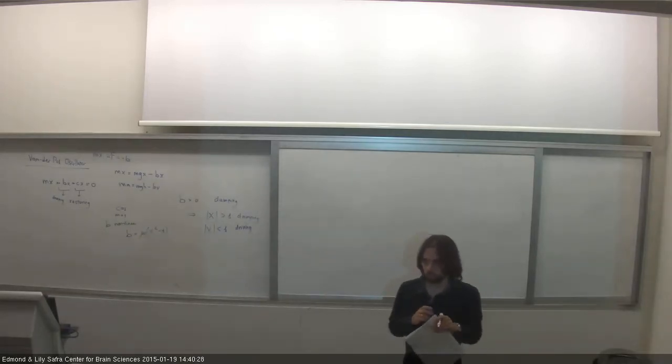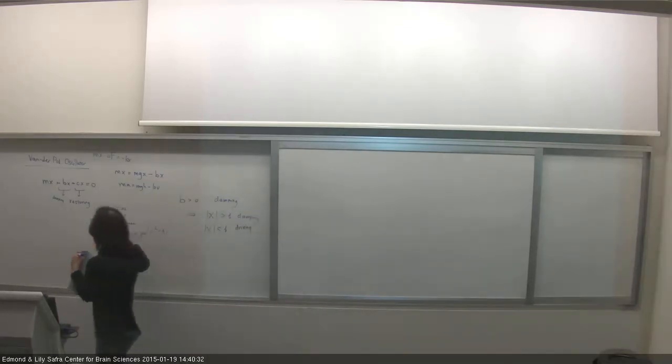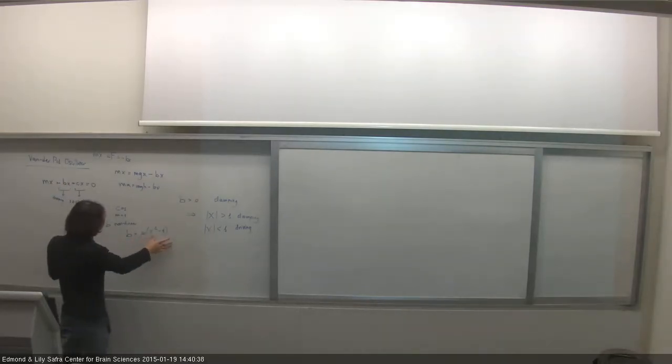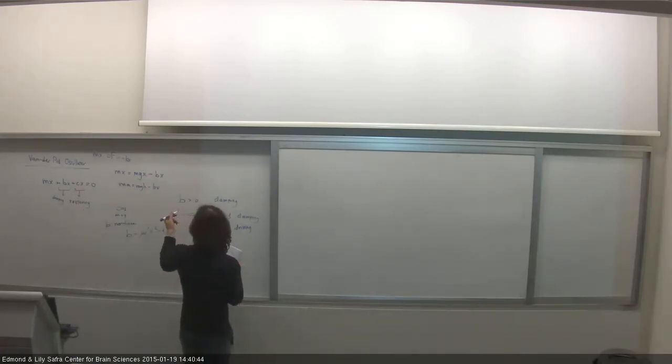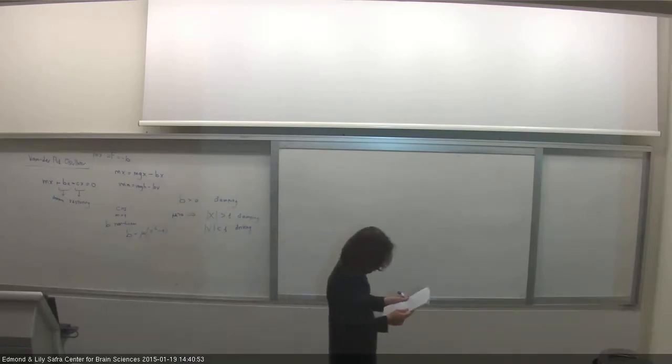Excuse me? So b is a function. And we see from here that if b is positive, we have damping. And then we can ask, when is this function positive? And this is, of course, when mu is positive.